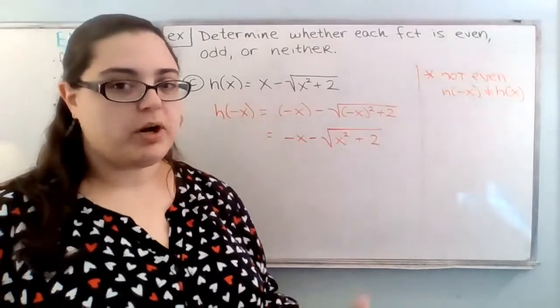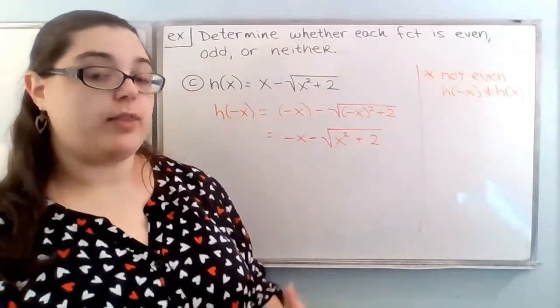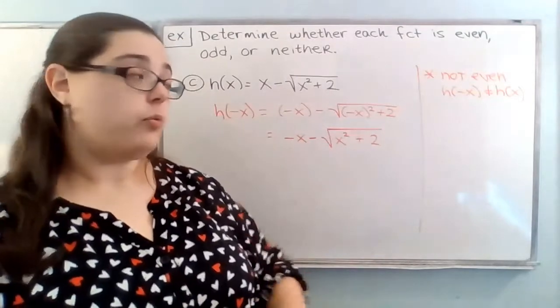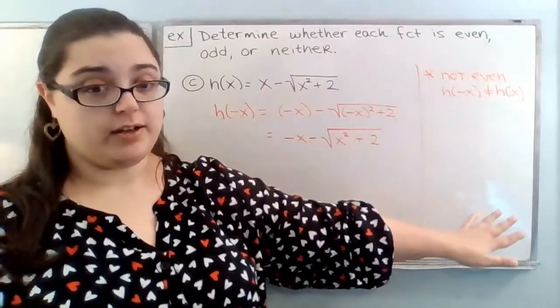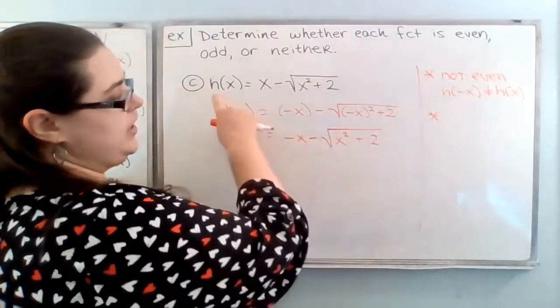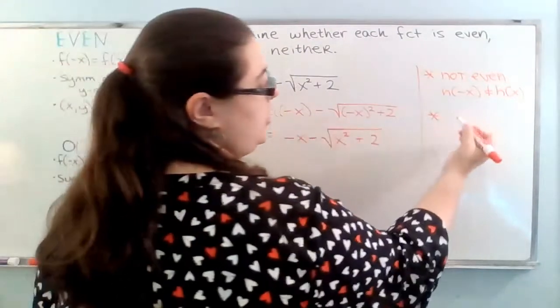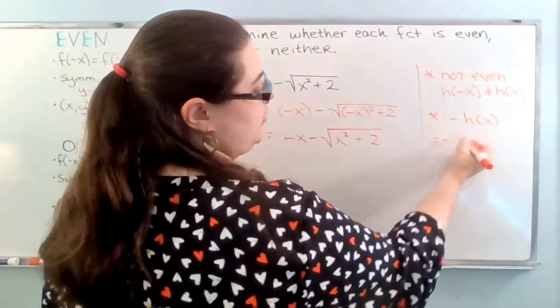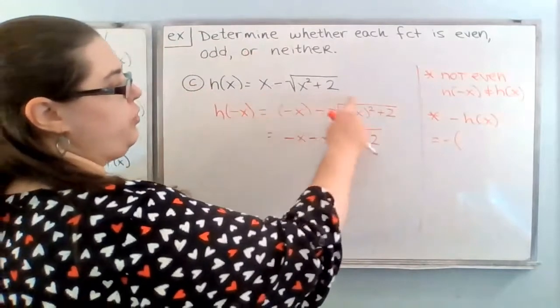Now for this next part, it can sometimes be challenging to see whether or not our final result is the same as negative h of x. So we can go ahead and work that out on the side here to see if what we got is going to be the same as the negated form of this function. So negative h of x, that means I'm going to negate this whole thing.